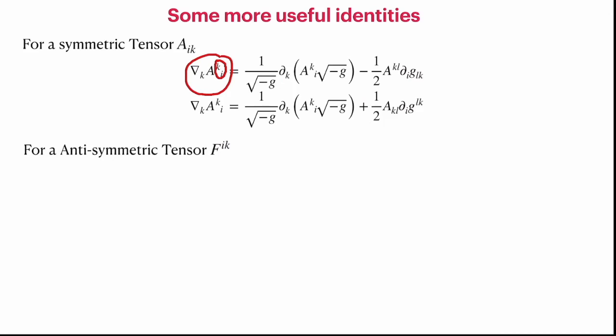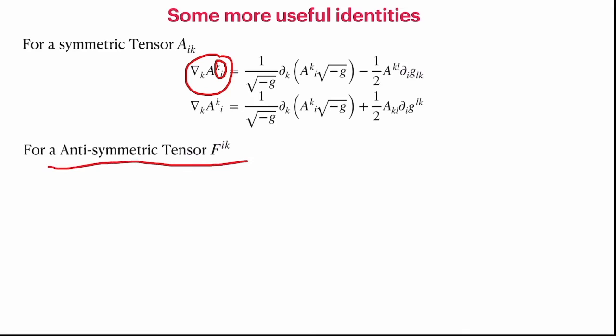Now let's look at the divergence of an anti-symmetric tensor, that is F^IK. F^IK is a standard name used for the anti-symmetric tensor which comes in electromagnetism, which we call the Maxwell tensor. Of course, it is not only the Maxwell tensor.